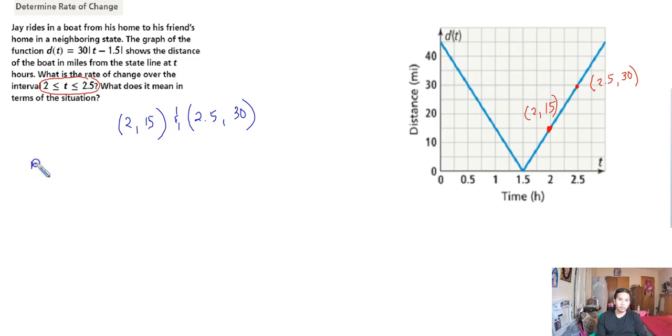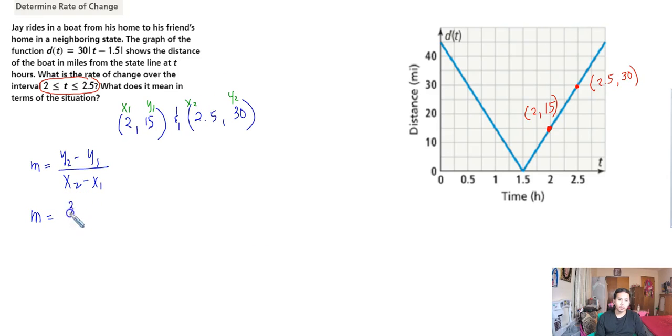So we have m is equal to y2 minus y1 over x2 minus x1. I'll just mark your x1, y1, x2, y2 values.